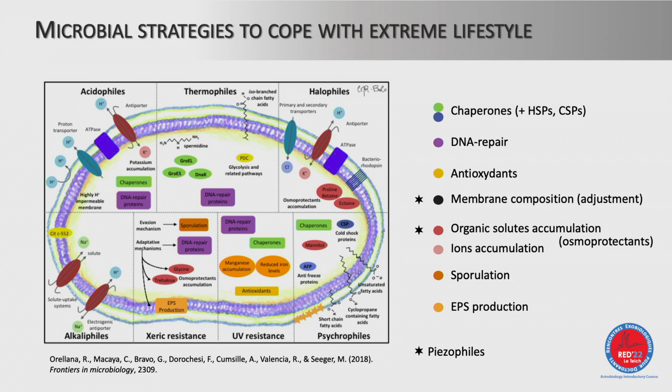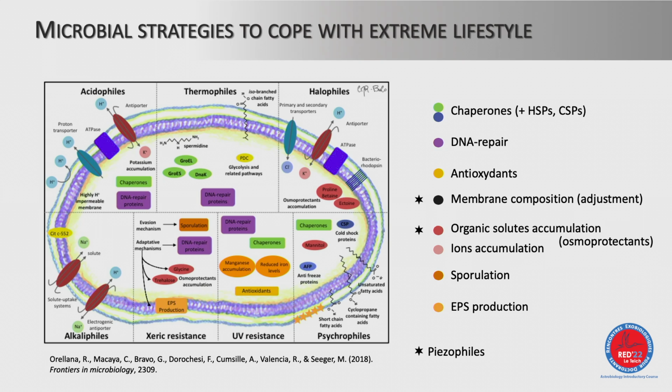For example, chaperones for thermophiles, to cope with really high temperature, or also cold temperature. The chaperones help the proteins to stay in the good native state and to be stable and not to unfold, because when they are unfolded, the bacteria cannot synthesize other proteins, for example, or cannot metabolize.